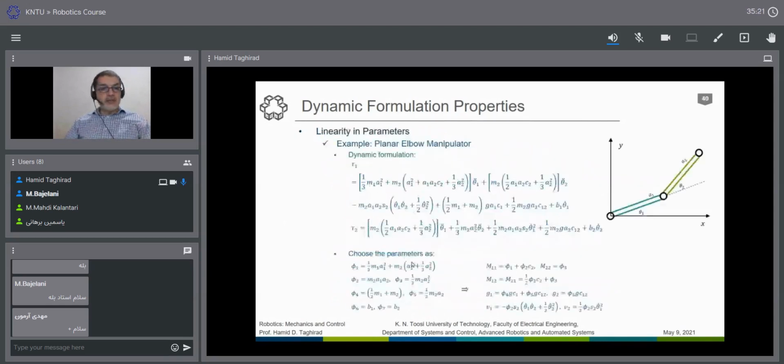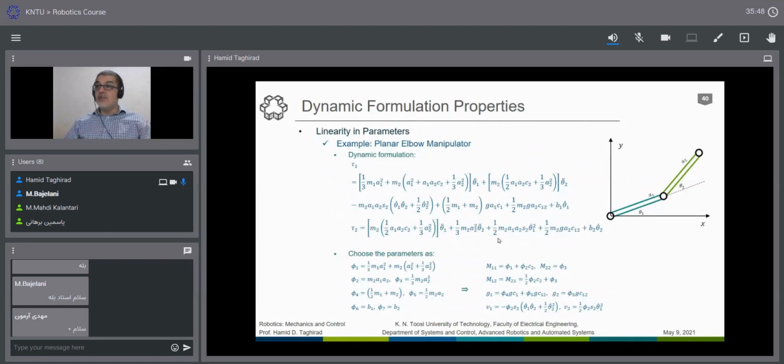Let me give an example here to see what we mean. We have the dynamic formulation for the 2R. A few slides back, I have written the dynamic equation here. As you see, we have a lot of parameters, M1, A1, M2, A1, A2, coming into the picture. And we have a very large number of parameters.